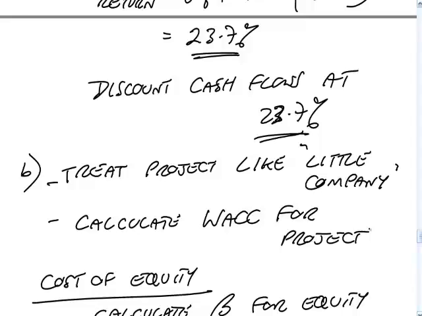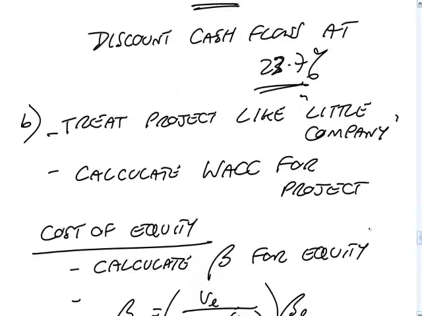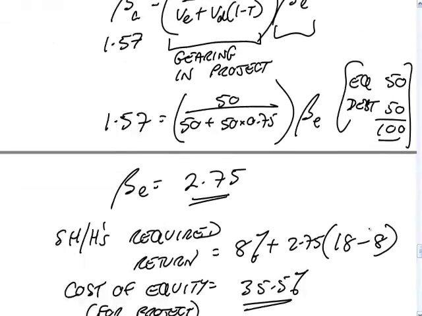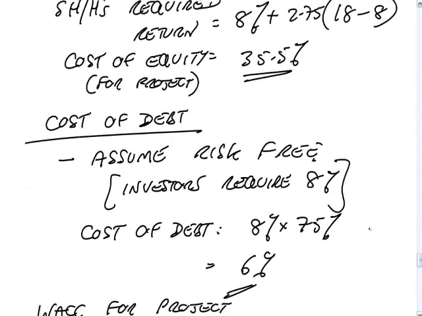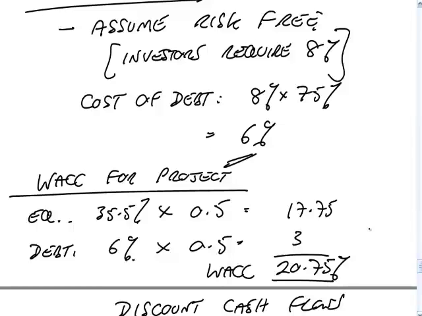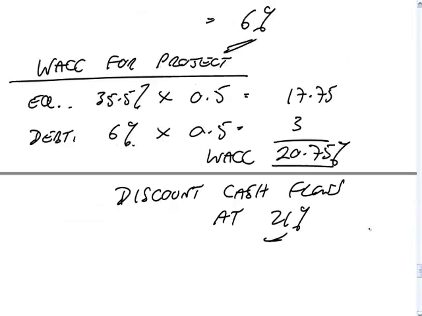If we're gearing it, then although shareholders want a lot more, 35, because you've got all the very cheap debt at only 6 because of tax relief, the overall cost ends up being lower. Okay? Numbers are numbers, but you would expect the cost overall to be cheaper.